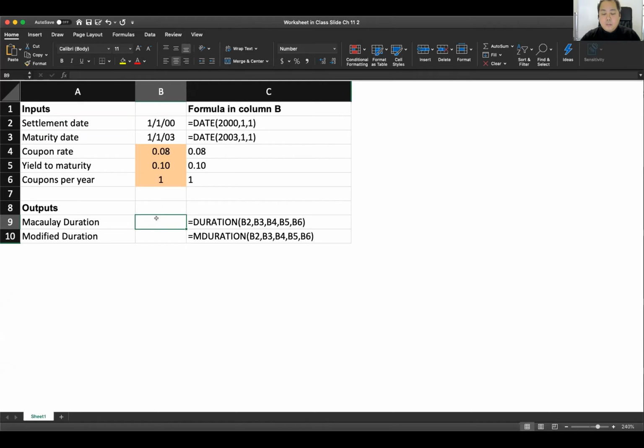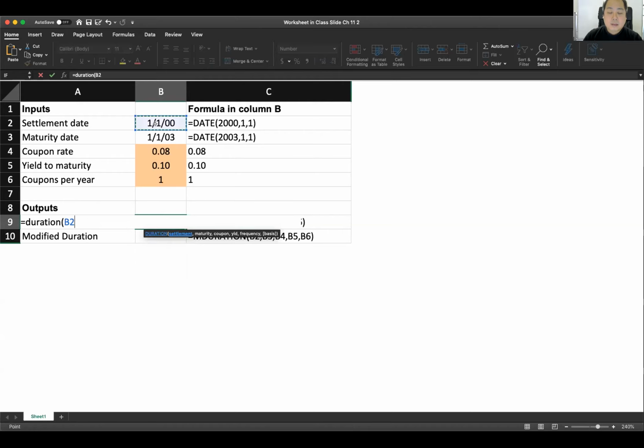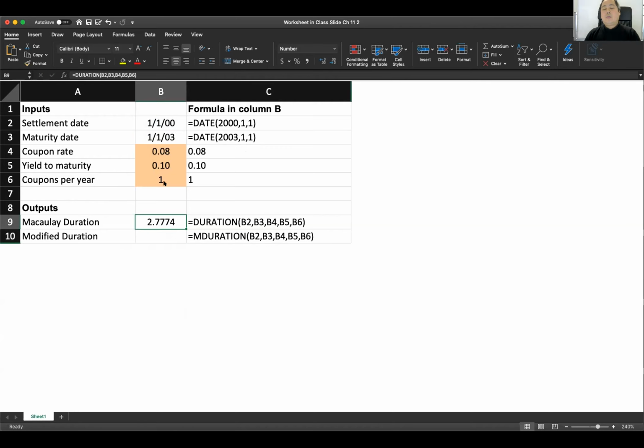Then your Macaulay duration can be calculated by this duration function. The first argument is the settlement, the second is maturity, the third is coupon, yield, and coupon per year. Then you can get the duration. So you don't have to calculate in a complicated way.